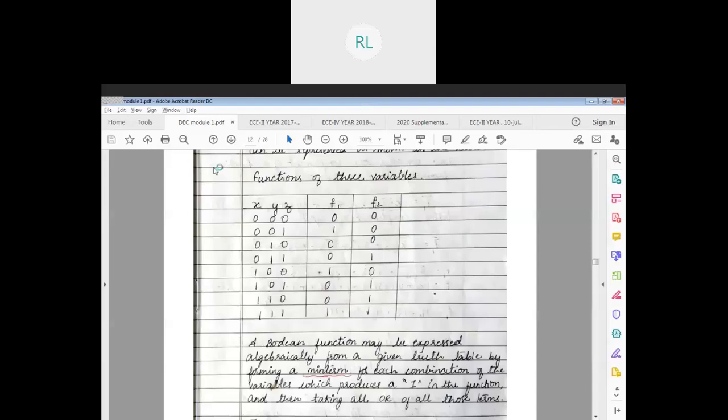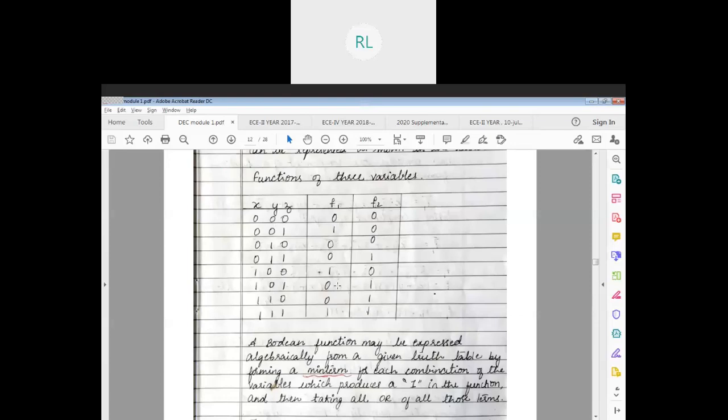In this truth table, an example that we saw here, for your functions f1 and f2, wherever we have 1 as the output, those are considered.